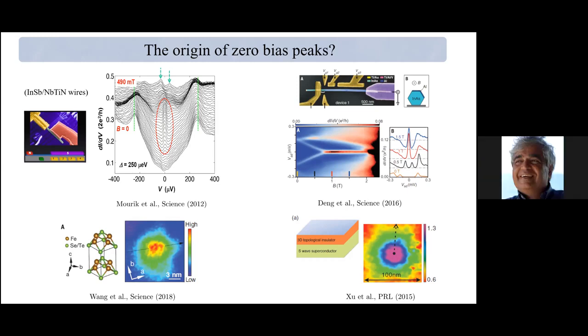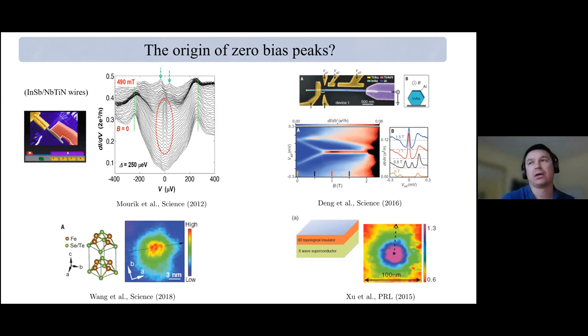So our approach is to move away from just local measurements, but really go to the heart of the topological phases of matter, which basically rely essentially on non-locality, on robustness with respect to local perturbations.